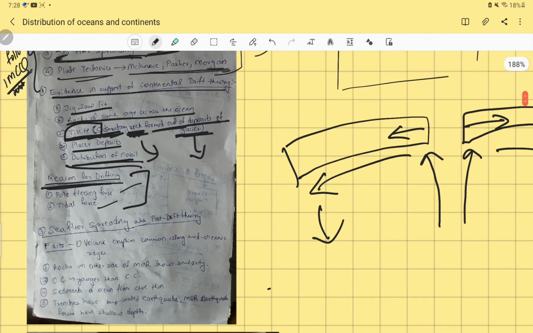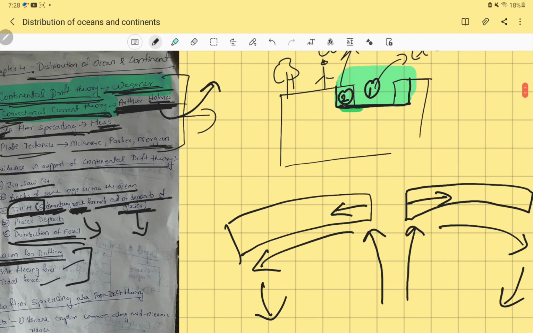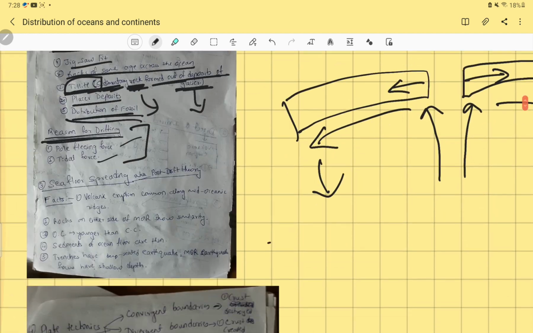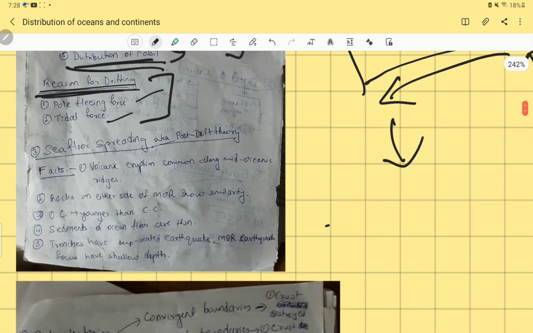And he gave the facts about why this sea floor is spreading. The volcanic eruption is common along the mid-oceanic ridges. He said that the sea floor was first this much, then after a lot of years, the sea floor has become this huge.